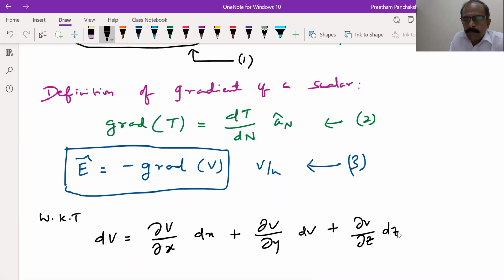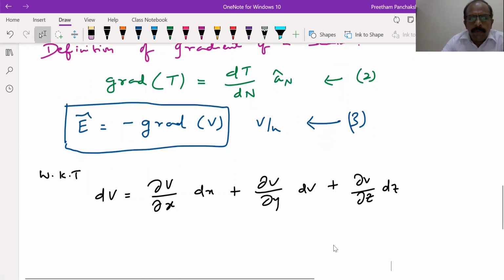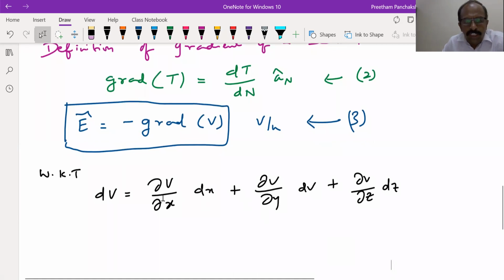So in this equation, we can observe that the potential is changing with respect to all of x, y, and z, and the rates of change of potential V with respect to x, with y, and with z are different. So potential can vary at different rates with the different variables.